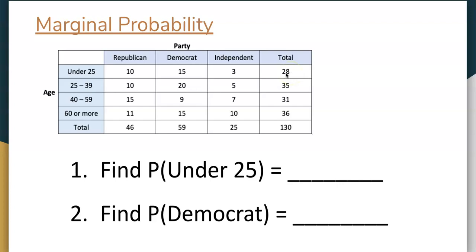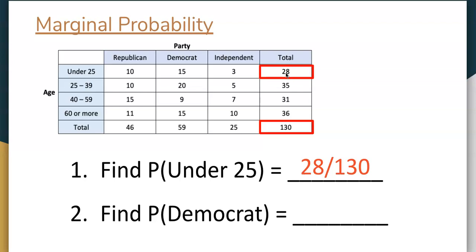So the probability will be 28 over 130. I'm just going to leave my probability as a fraction. I know it's not reduced, but you can see clearly where my numerator and denominator came from. I typed this into my calculator, and I got that to be about 22%.